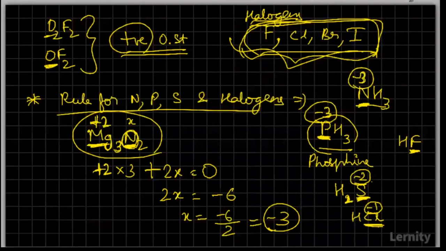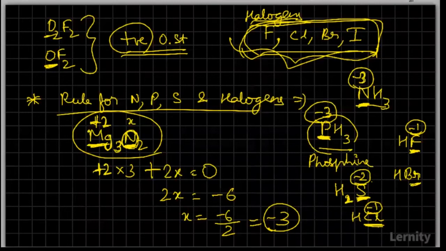Yes, here it will be -1. By the way, here you had nothing to even think about because fluorine always has a fixed oxidation number, and that is -1. And here, similarly, for HBr, Br will be having what? What will be the oxidation number for that?